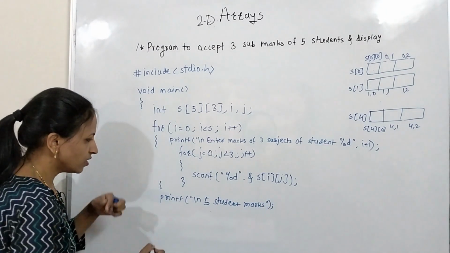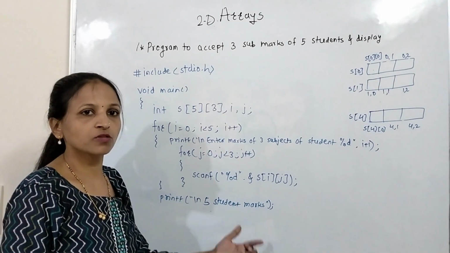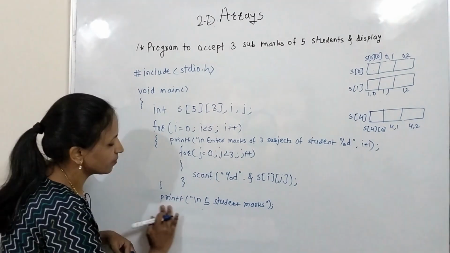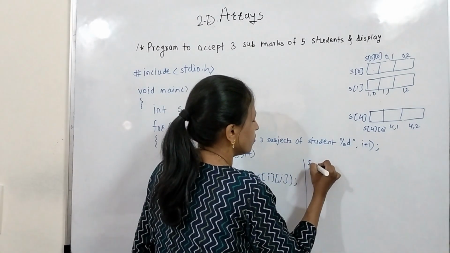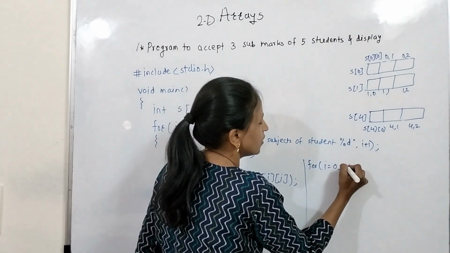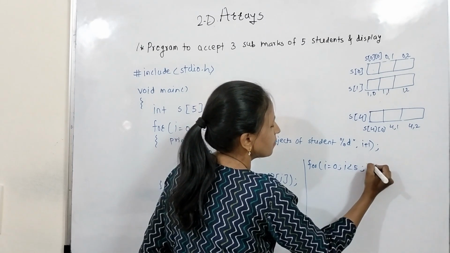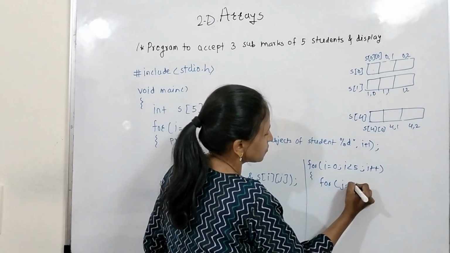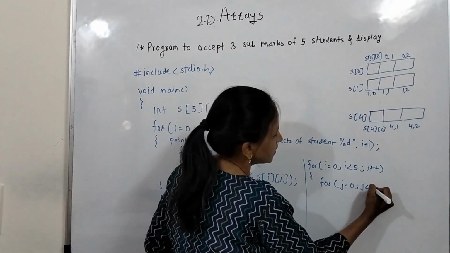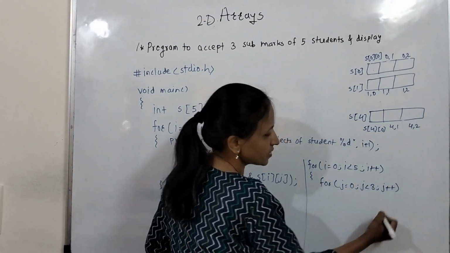Now one by one we will display all those marks. Here I am placing for i equals 0, i less than 5, i plus plus, then for j equals 0, j less than 3, j plus plus.